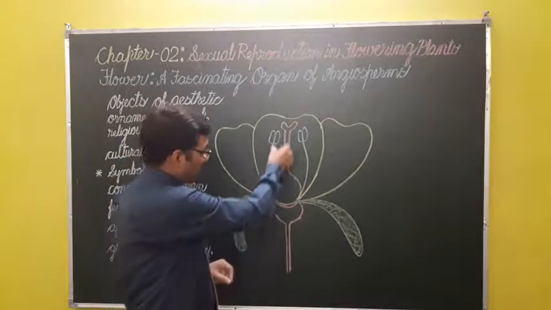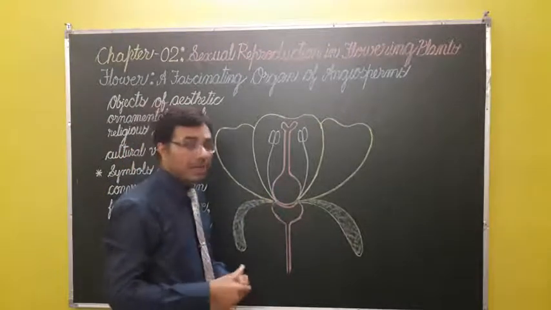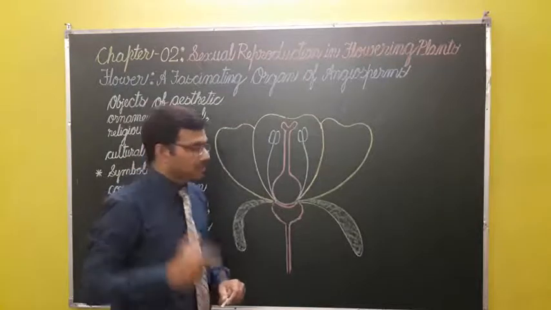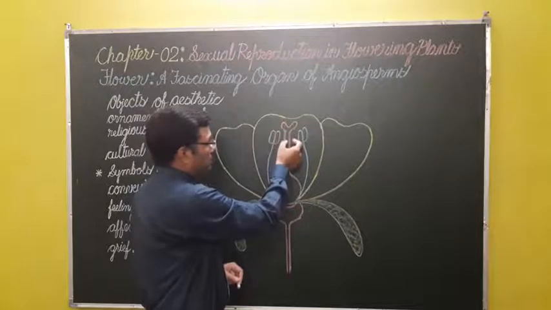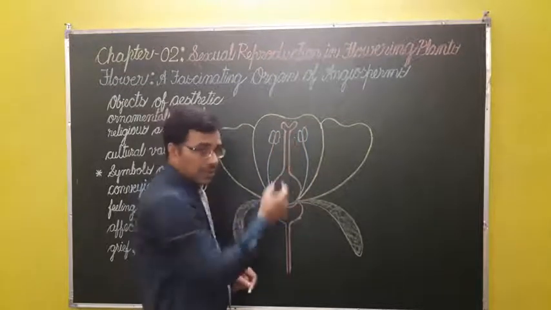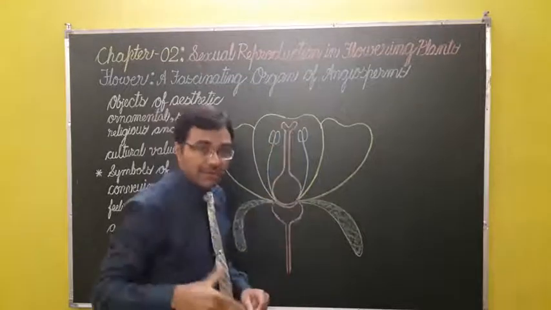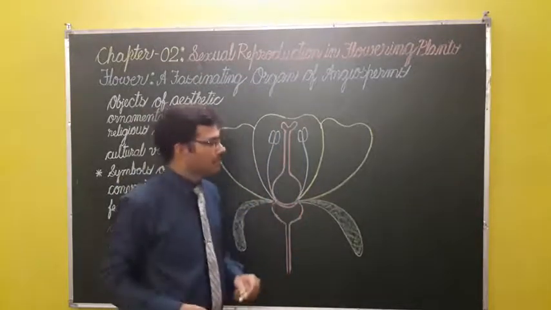But this gynoecium, right now, whatever I have drawn, it is having how many carpels? Yes, anybody, please tell me. It has two carpels. Why? Because at the top portion, I mean at the stigma, we are observing two lobes. These two lobes are giving the information that the gynoecium has two carpels, right?